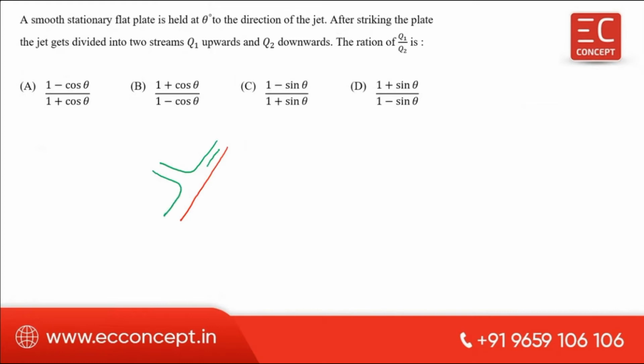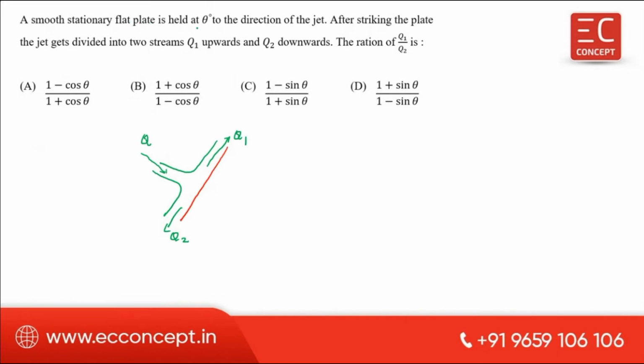This is Q1, this is Q2, and this is the Q which is acting. Once this Q stream hits the flat plate, it is separated into Q1 and Q2. Then the ratio of Q1 and Q2 they are asking.